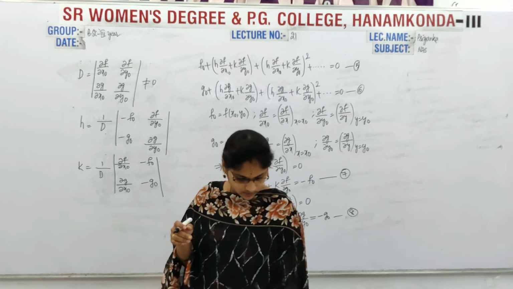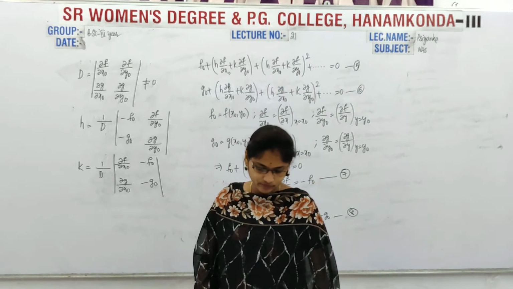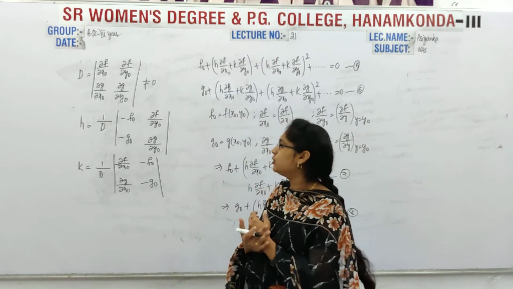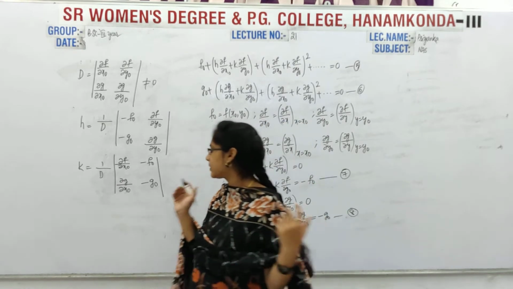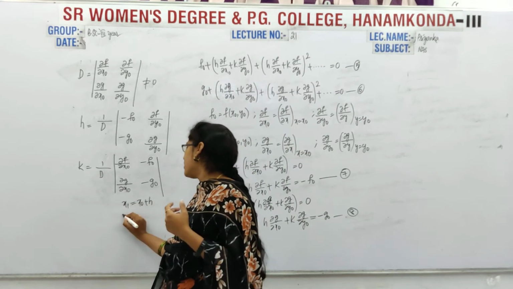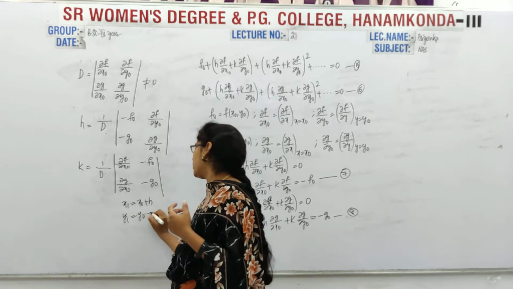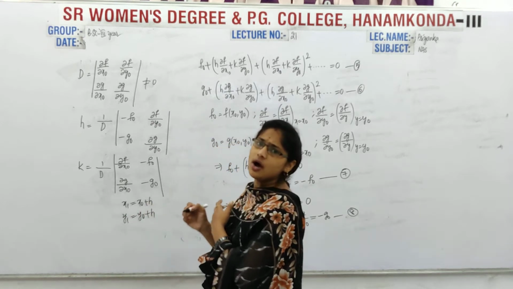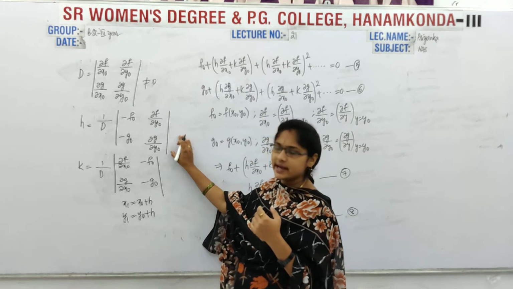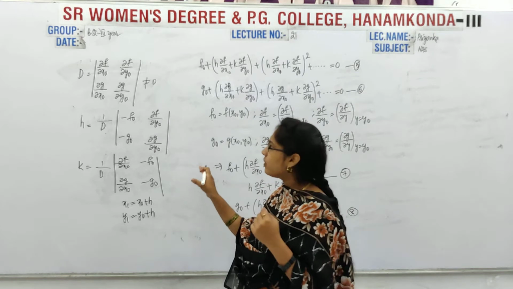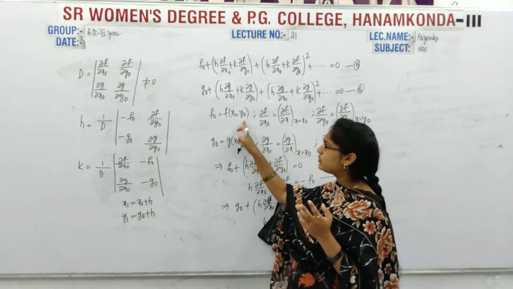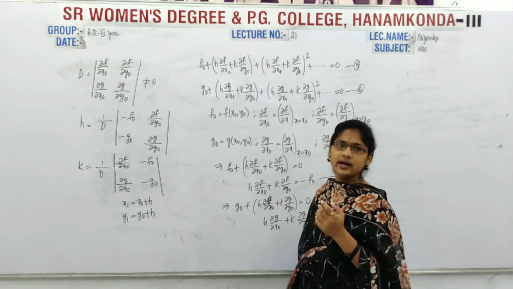Now write down. Therefore the new approximations are x1 equal to x naught plus h, y1 equal to y naught plus k, because x naught and y naught are nothing but the initial values. Now here we have to find h and k. To know h and k, what do we have to know? The D value. D value means simply we have to know the function and the first order derivatives.